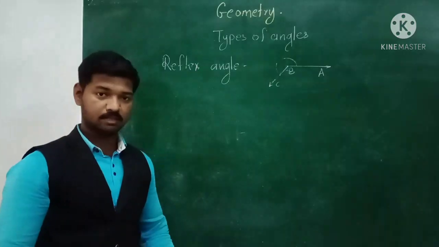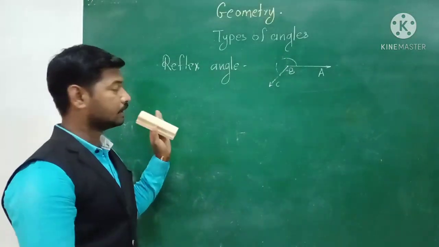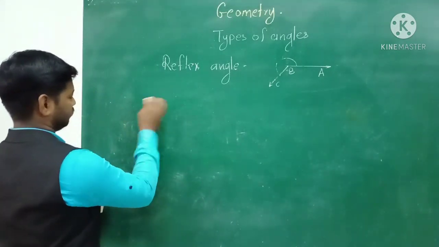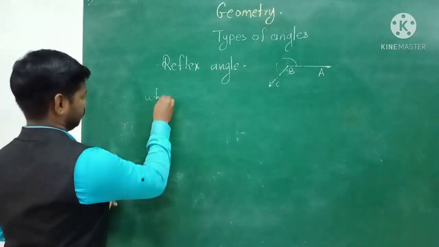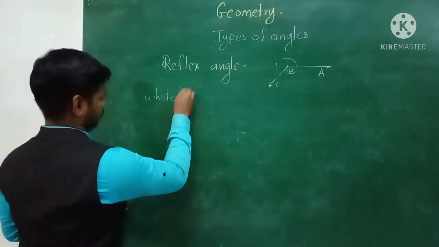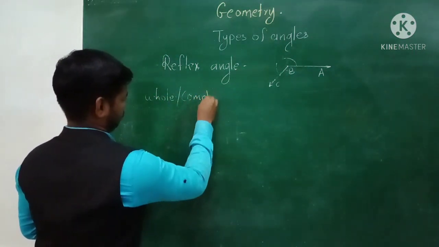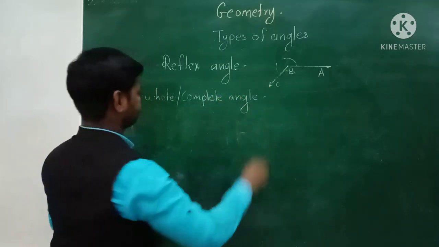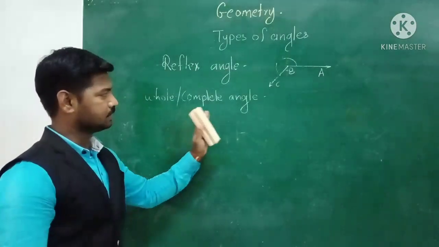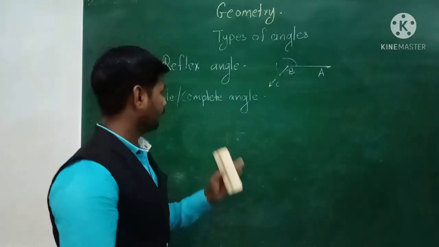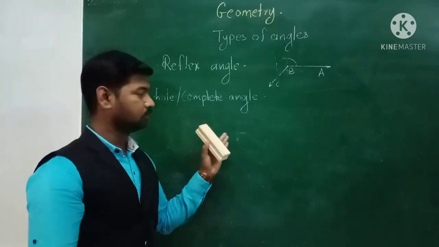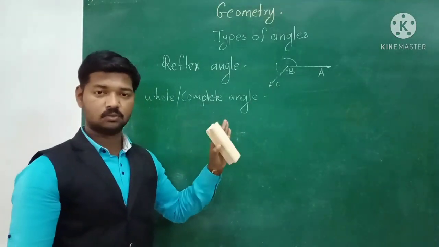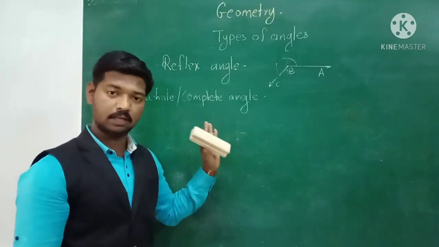Understood? The last type of the angle is complete angle or whole angle. An angle which measures exactly 360 degrees is known as complete angle or whole angle.